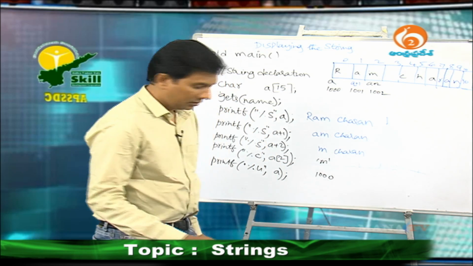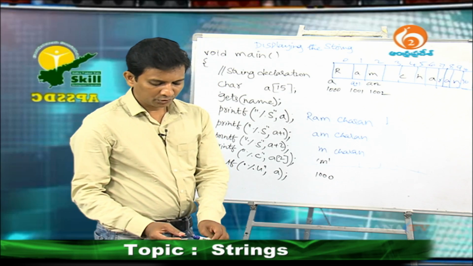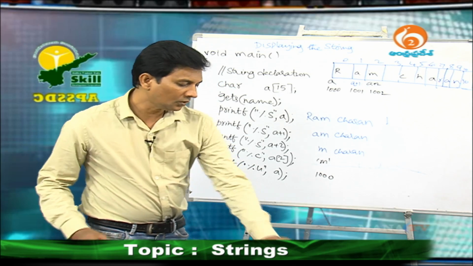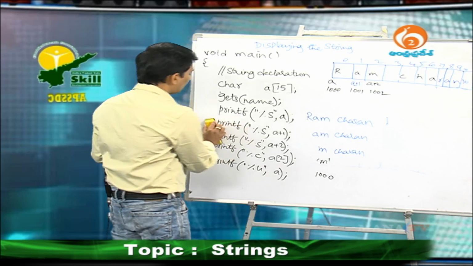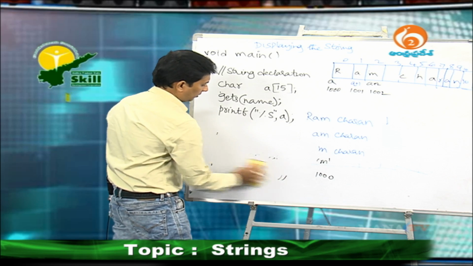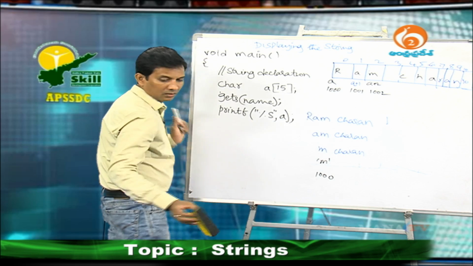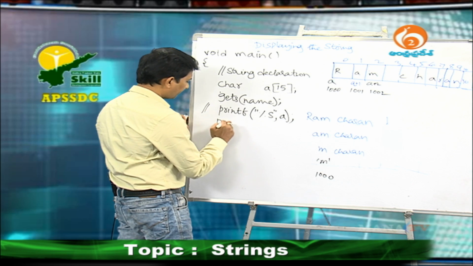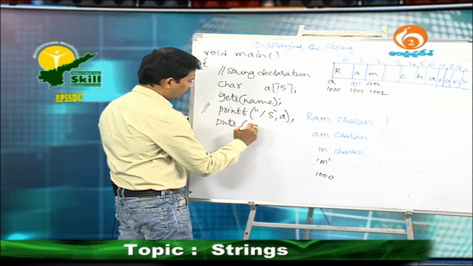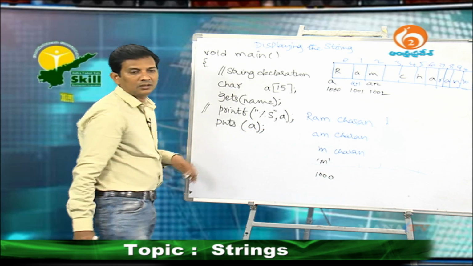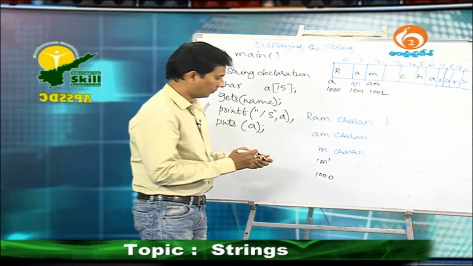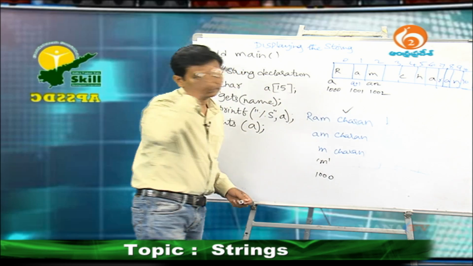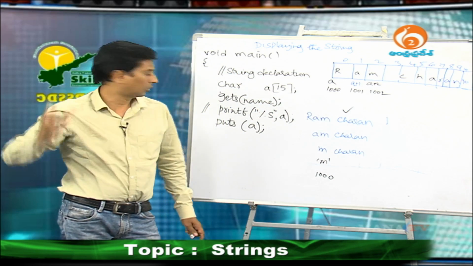Instead of this one we can use the puts function also, so that the entire string can be displayed. I am making a comment, puts of a, that is it. We will get that output.